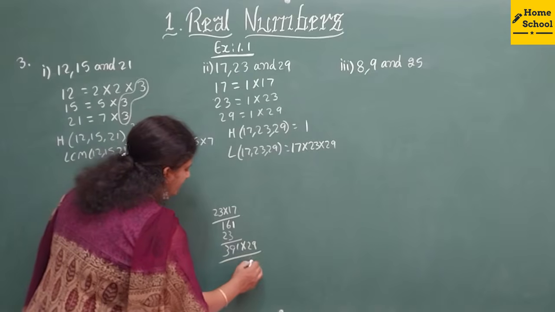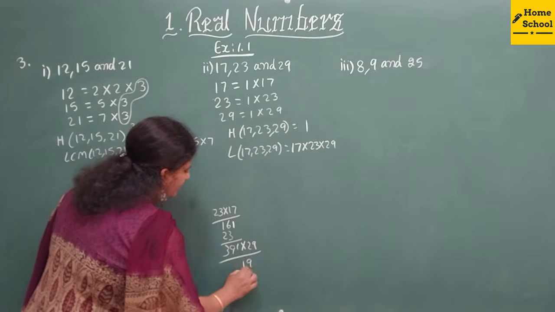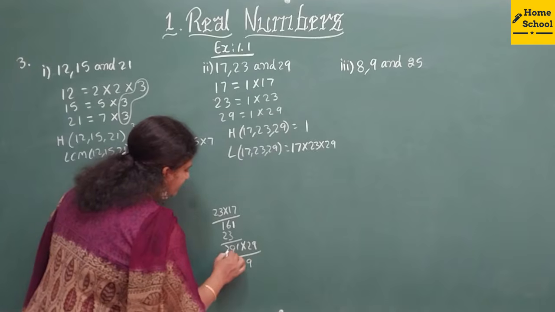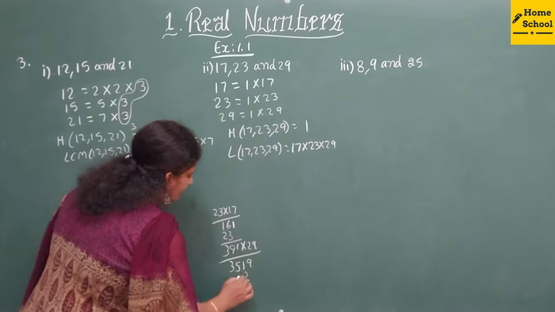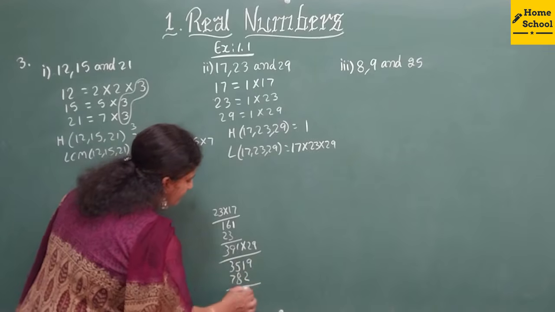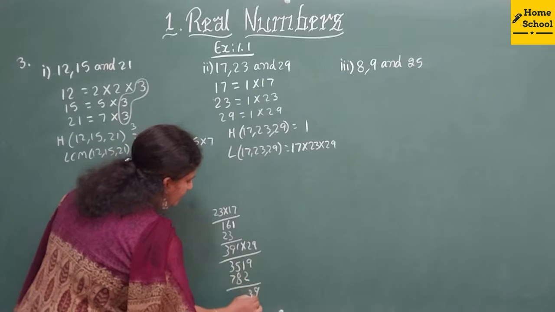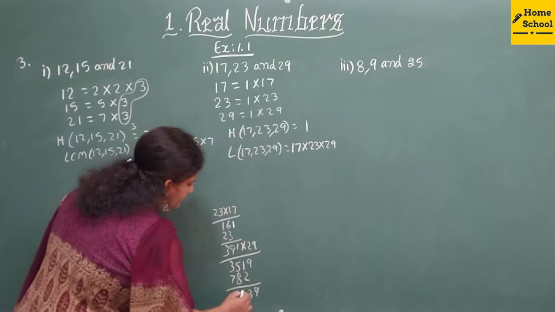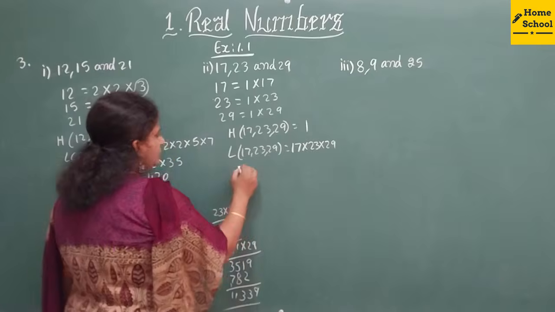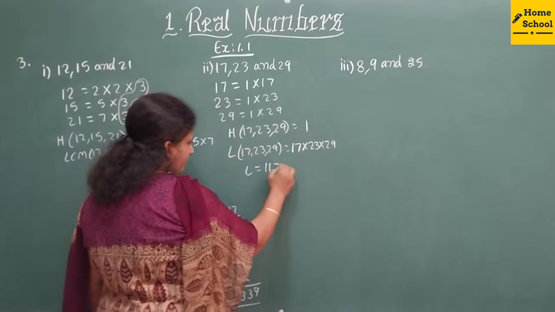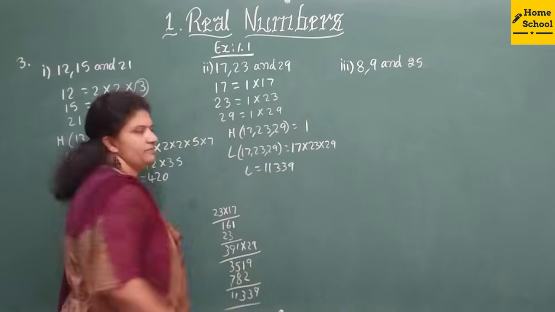Right? 9 9s are 81. 9 3s are 27, 35, 2, 18, 7, 9, 3. This is 13, 11. So, therefore, what is your LCM? 1, 1, 3, 3, 9.